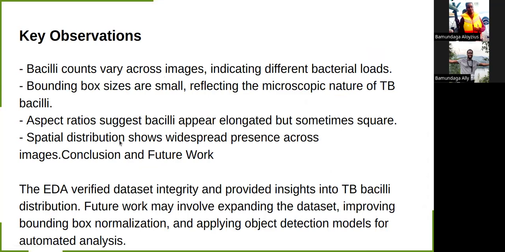And then bounding box sizes are small, reflecting the microscopic nature of TB bacilli. Then the aspect ratios suggest that bacilli appear elongated but sometimes square. So it's more of rectangular bounding boxes. Now, the spatial distribution shows widespread presence across images.